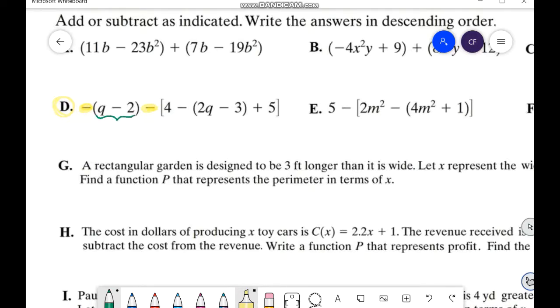So let's write down this one as the opposite, negative Q plus 2. And let's write down this whole thing as the opposite, plus, and this is going to be negative 4. And this one is negative, becomes a positive 2Q minus 3. And this is a positive 5, becomes a negative.